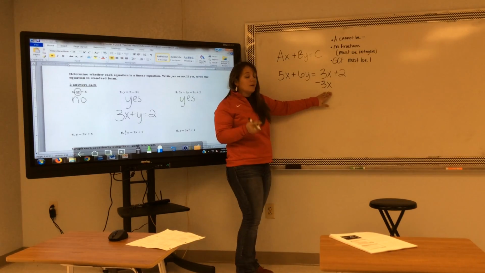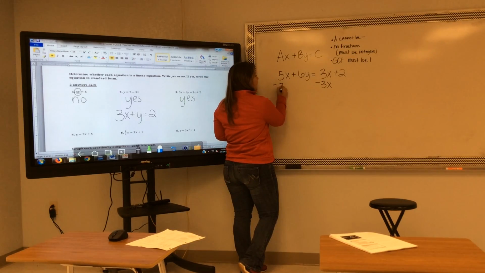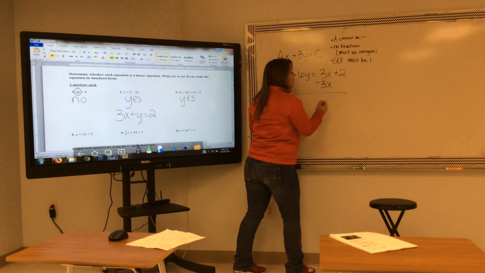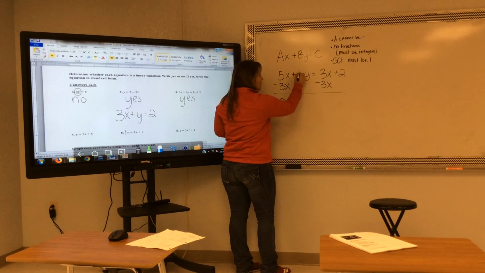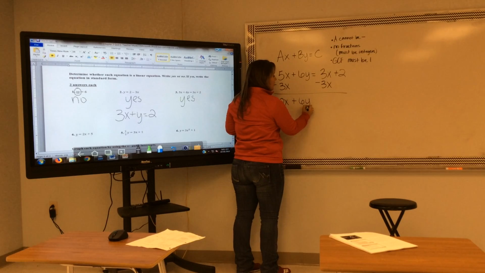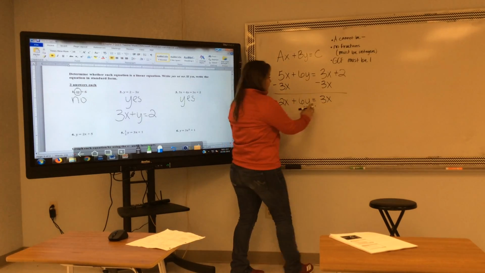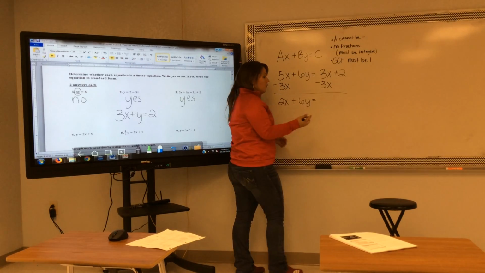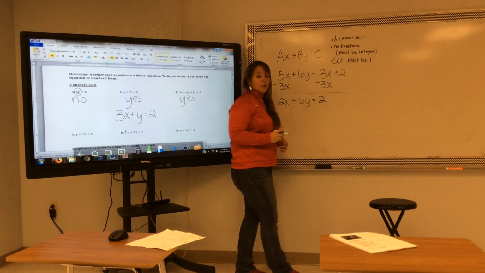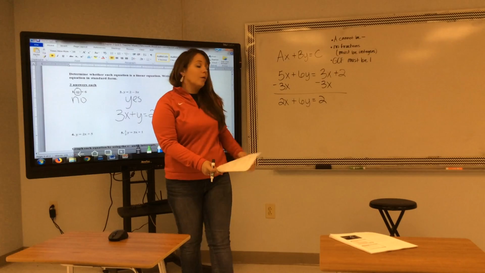And if I'm subtracting the 3x, I have to subtract it from something else that has an x. So I can subtract it here from my 5x. 5x minus 3x is 2x plus 6y is equal to 3x. I'm sorry, 3x minus 3x goes away, and it's equal to 2. Okay? So, I have it in standard form.